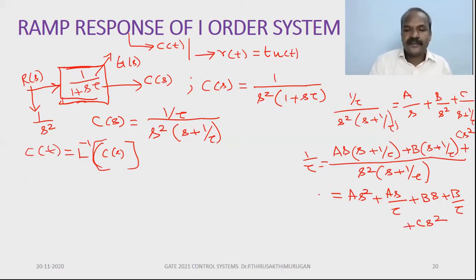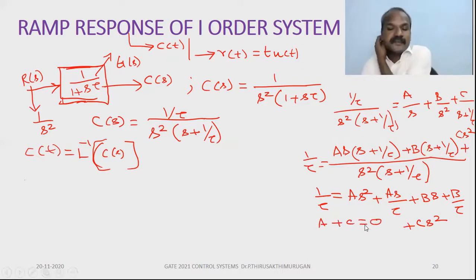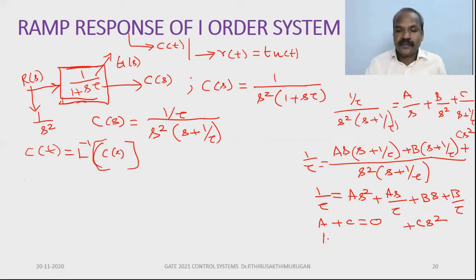Now the left hand side is tau, the right hand side is an equation polynomial. Compare the coefficient of s square. So what do you get? A plus C equal to 0. So A equal to minus C. Then compare the coefficient of s. A by tau plus B equal to 0.